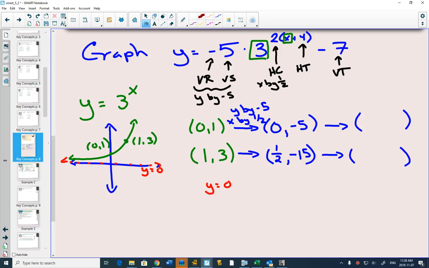This plus 4, that's going to go 4 to the left or right? Left. Good. And the 7 is going to go 7 down. So we're going to go 4 to the left and 7 down. 4 to the left would make this negative 4, 7 down, negative 12. 4 to the left, negative 3.5, 7 down, negative 22.